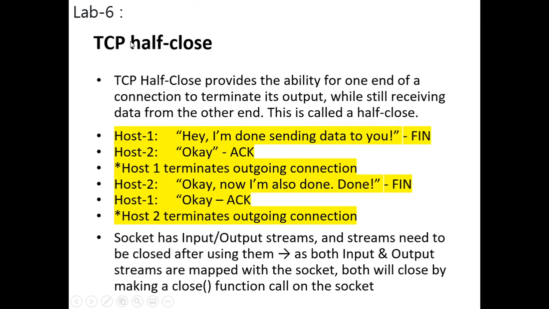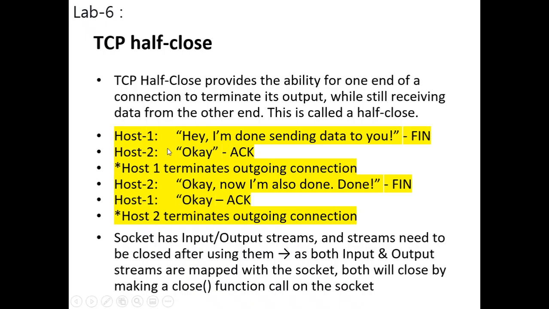And then the next lab, lab 6, will contain the TCP half close, where half close provides the ability to close the connection from just one side, meaning one side will still keep on sending data, and the second side will just be listening, meaning the other end wants to finish the connection, but the first end doesn't want to.